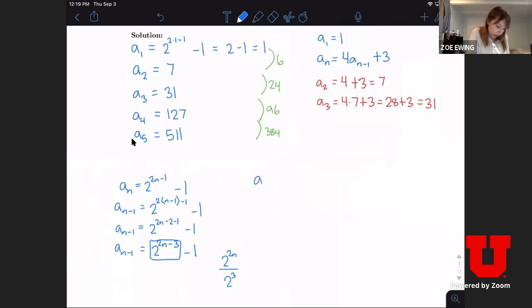So a_{n-1} is equal to 2 to the 2n over 2 to the 3 minus 1.